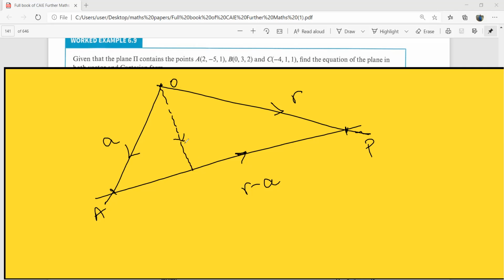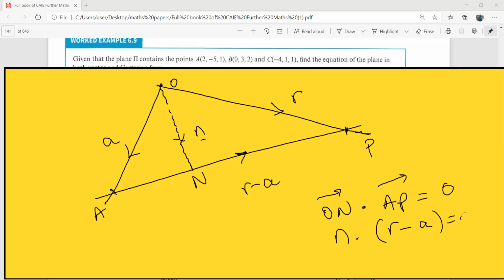This is going to be the point N over here. So your ON dot this AP is going to be equal to 0. Through this, you're going to get the equation of the plane. ON is going to be N, and this is going to be R minus A. And through this, you get R dot N equals A dot N. Just remember this: you need to have the normal to the plane, and you have to have one point on the plane so that you can write the equation of the plane.